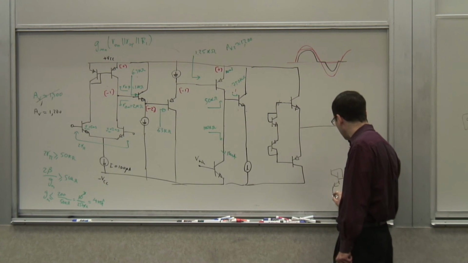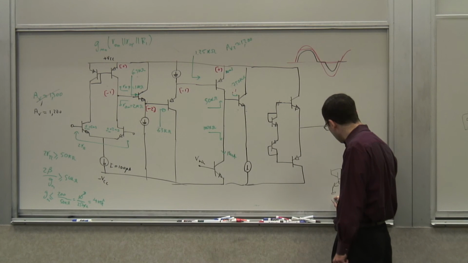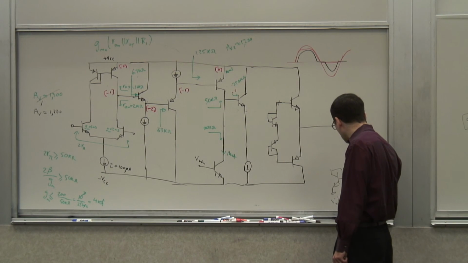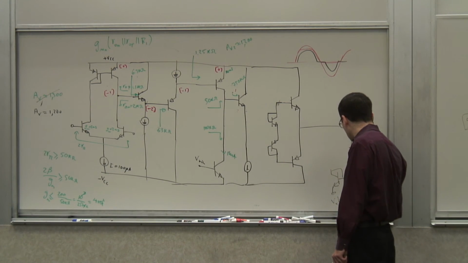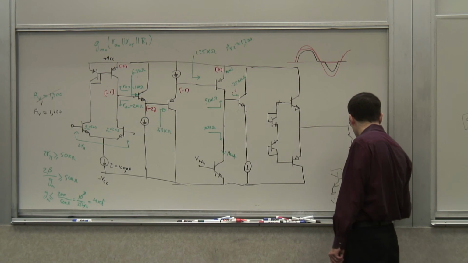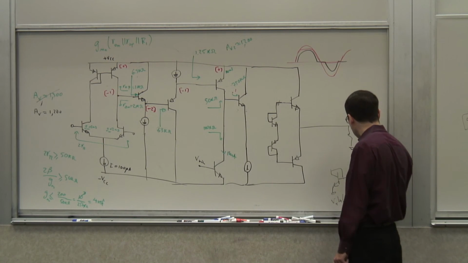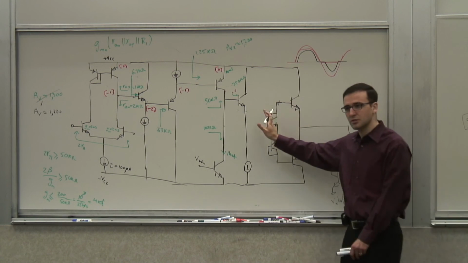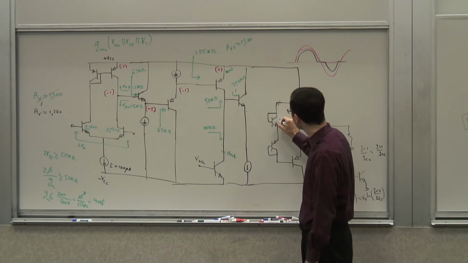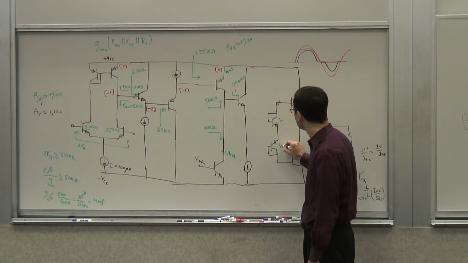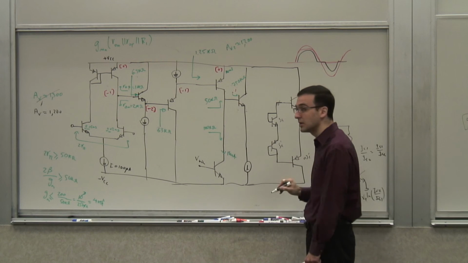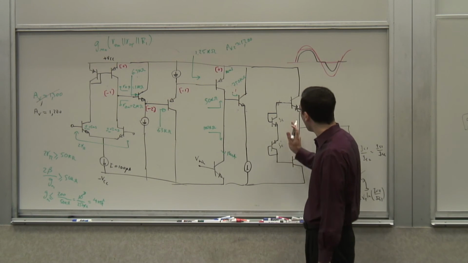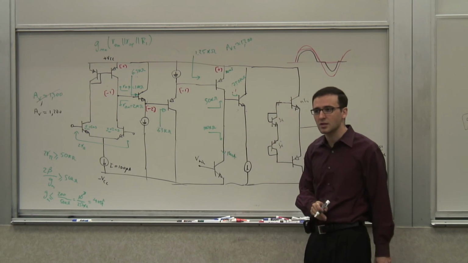If I have a situation like that, VBE1 is equal to VBE2, which means that VT natural log of IC1 over IS1 is equal to VT natural log of IC2 over IS2, which means that IC1 over IC2 is IS1 over IS2. So I can ratio these transistors. So this one has to be much smaller than that. So if this is IS, this is N IS. And this is IS prime, N IS prime. And that allows me to have a current that's N times smaller on this side.